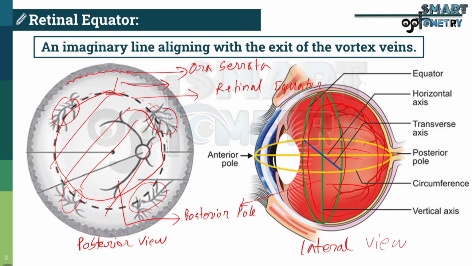So this is the peripheral retina. Now we will know details about the posterior pole separately and the peripheral retina separately in the coming slides.